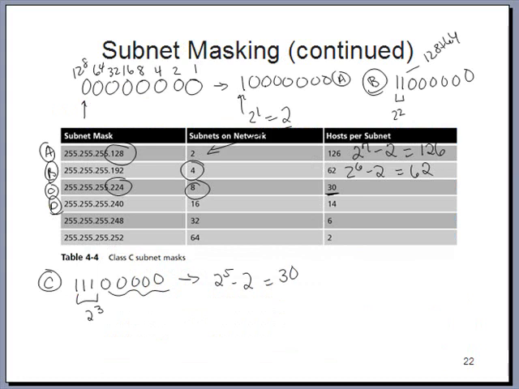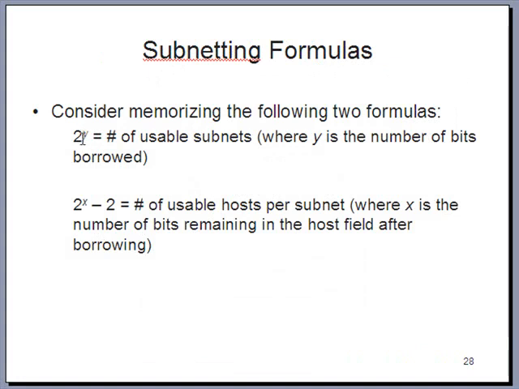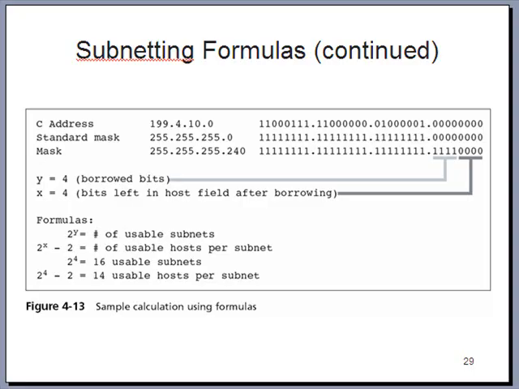So it depends upon how many bits you're taking away from the first 3 locations. So that is going to be the 2 to the y, which is right here. So 2 to the y gives us the number of subnets. And 2 to the x minus 2, that's the number of usable hosts that is allowed.